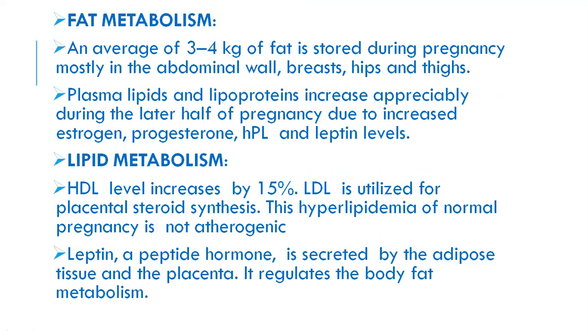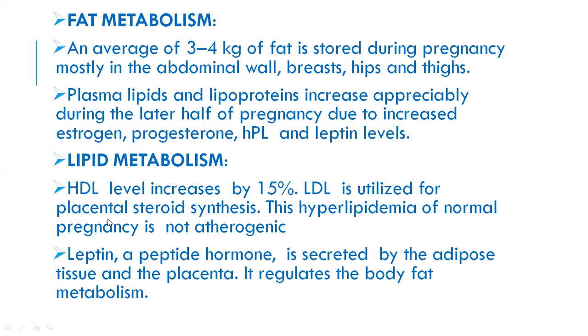Fat metabolism. An average of 3 kg to 4 kg of fat is stored during pregnancy, mostly in the abdominal wall, breasts, hips, and thighs. Plasma lipids and lipoproteins increase appreciably during the later half of pregnancy due to increased estrogen, progesterone, HPL, and leptin levels. HDL levels increase by 15%.